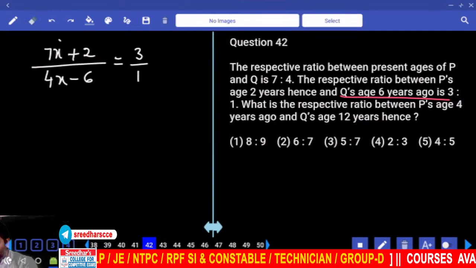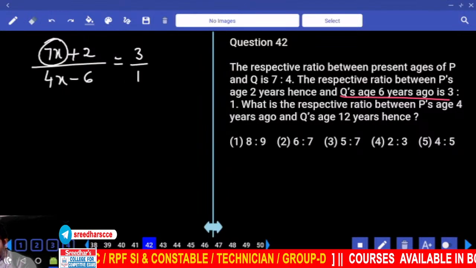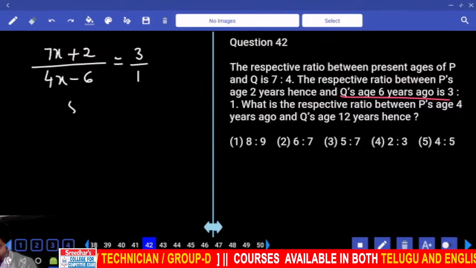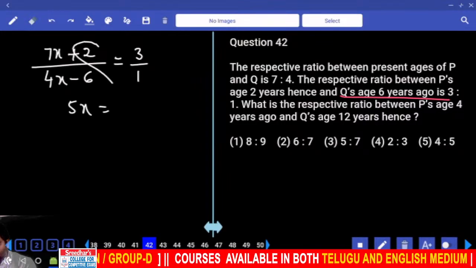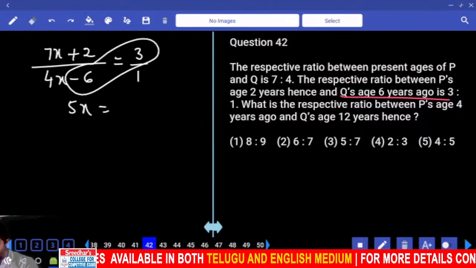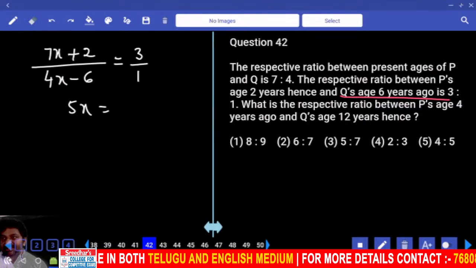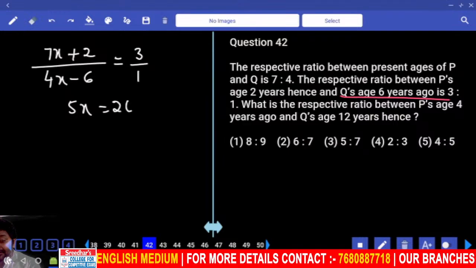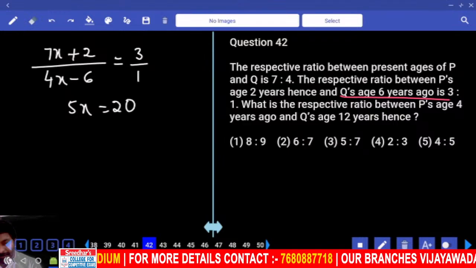Don't write everything. 7x into 1, 4x into 3, difference is equal to 2 into 1, it is plus 2 only, minus 6 into 3, minus 18 goes to the other side, plus 18, 2 plus 18, 20. From this x is equal to 4, remember.